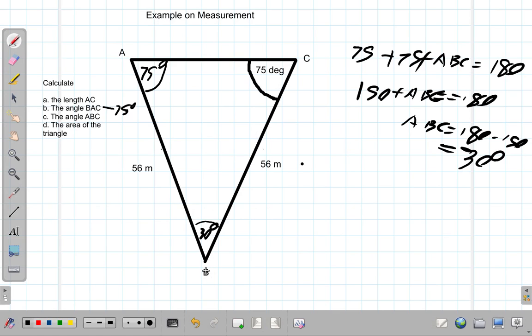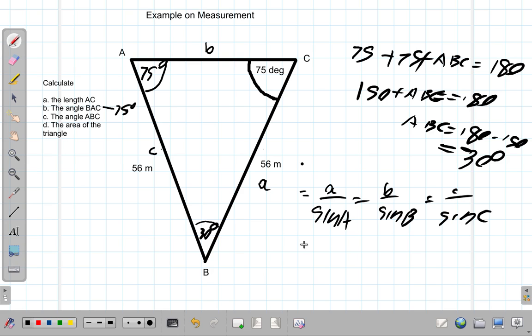If this is angle big B, this would be side small b. If this is angle big C, this is side small c. This is angle big A, this is side small a. So what we say is a over sine A equals b over sine B equals c over sine C.